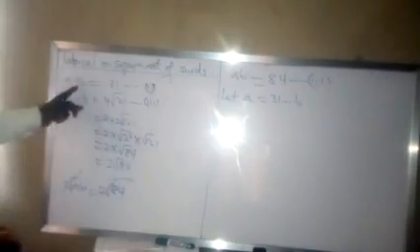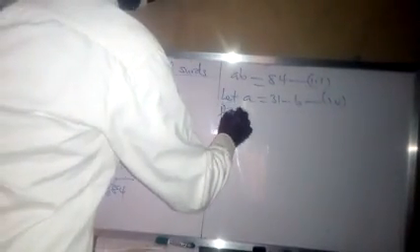Let's say in equation 2, A equals 31 minus B. Yes, we transfer B to the other side. We call this equation 4. Now put equation 4 into equation 3.